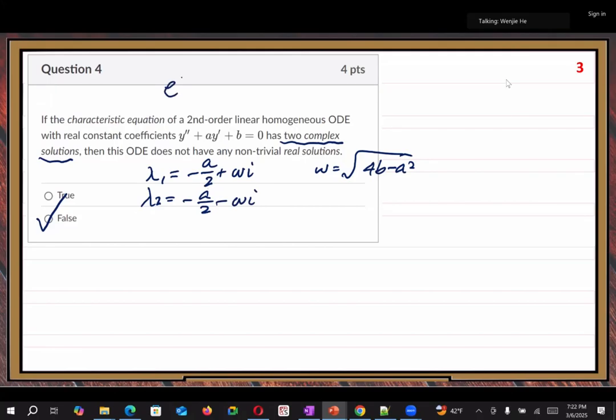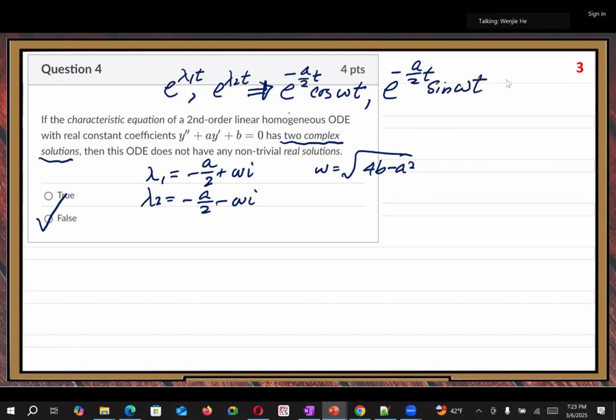Then two complex solutions: one is e to the lambda 1 t, the second e to the lambda 2 t. These are two complex solutions. But we can replace these two by two real solutions: e to the negative a t over 2 times cosine omega t, and e to the negative a t over 2 times sine omega t.